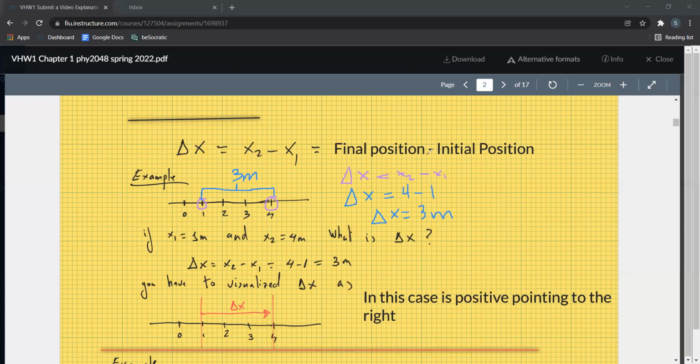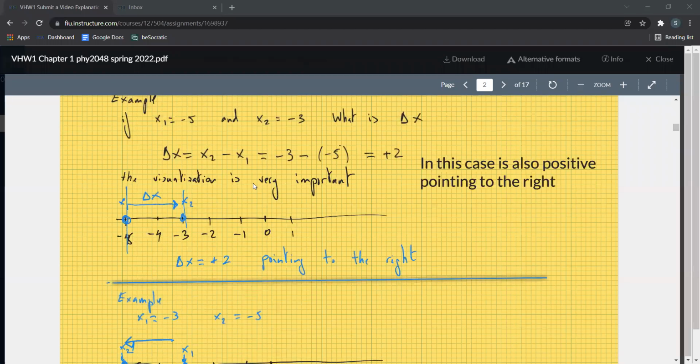That's all pretty simple. The way you can visualize it, as shown here, is just a gap between the two. The space in between is your change in x, or your change in position.